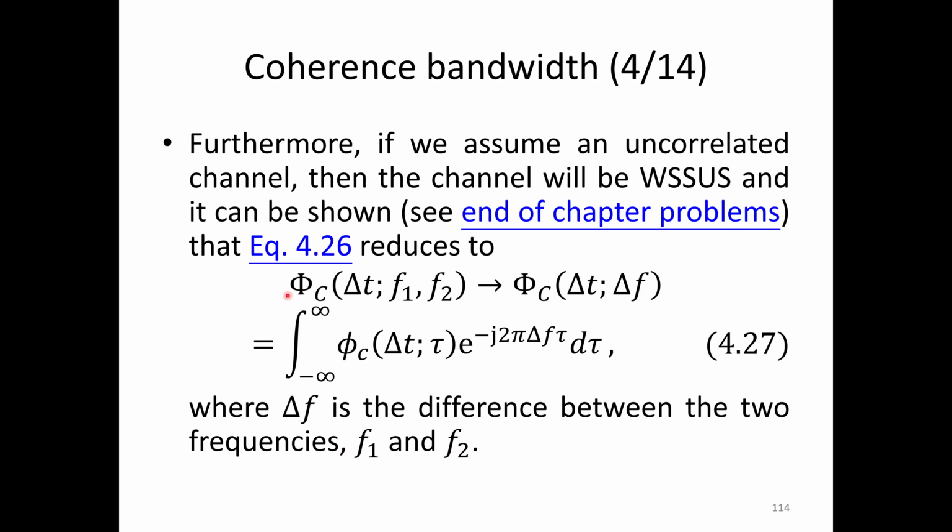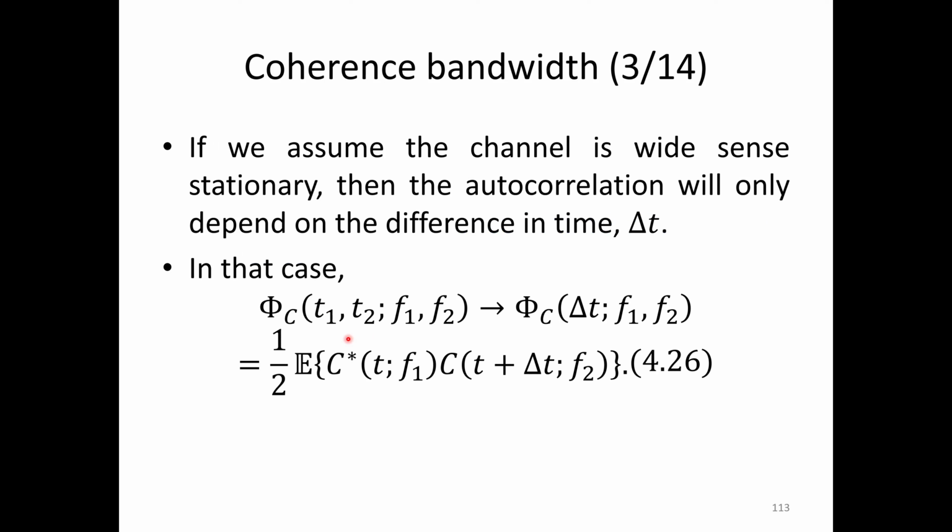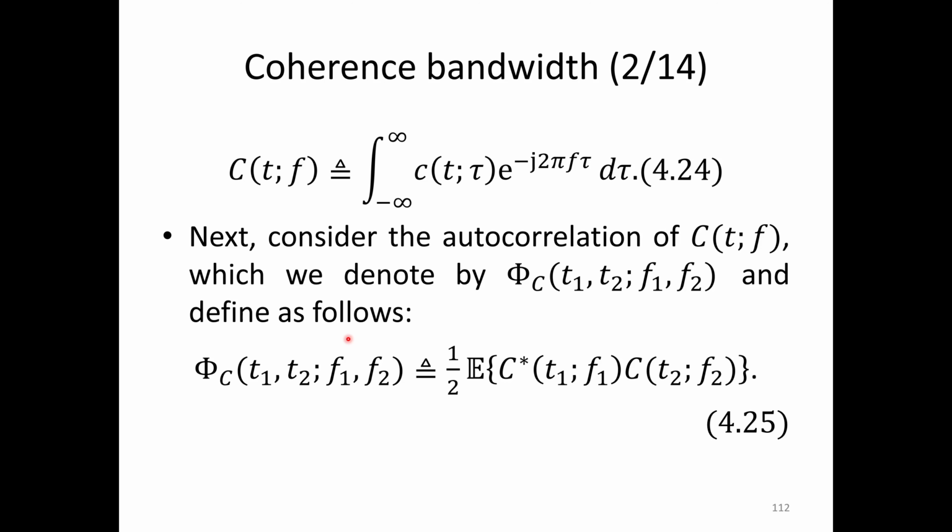So what is capital phi c and what is small phi c? Let us review it. We can see that capital phi c is the autocorrelation function of capital C of t, f, where capital C of t, f is defined as the Fourier transform of small c of t, tau.